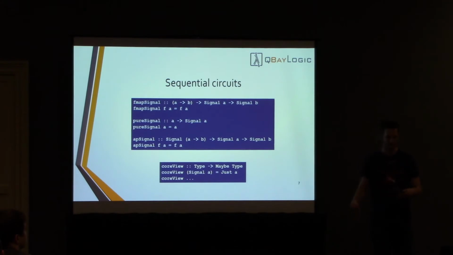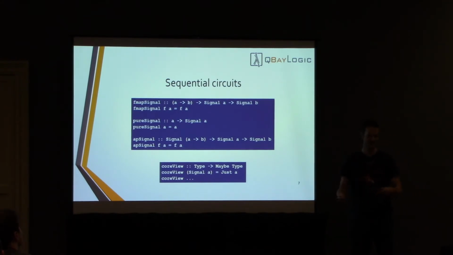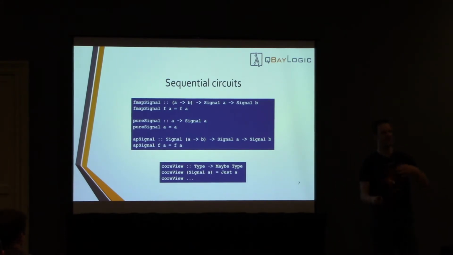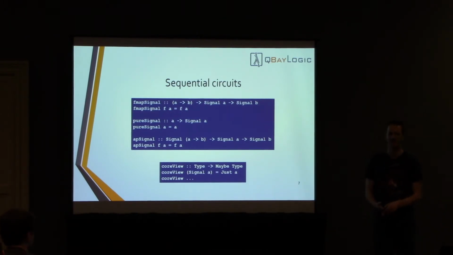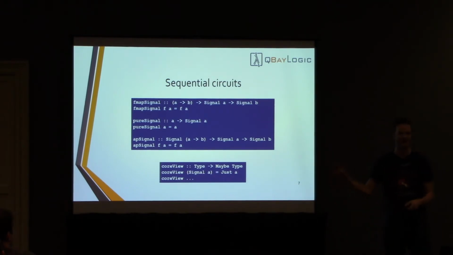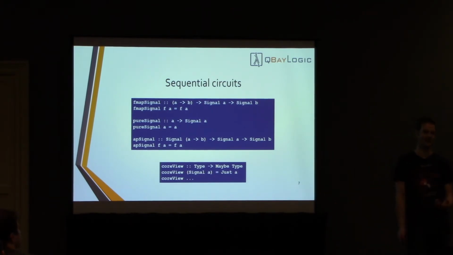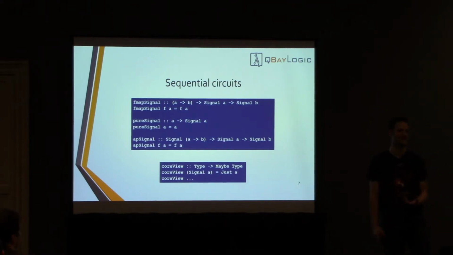And then inside Clash's core view. In GHC, you have a core view that can look through newtypes and can look through function types. Clash's core view can also look through signals. This is why the user should never use the constructor of signal, because that will be very confusing.